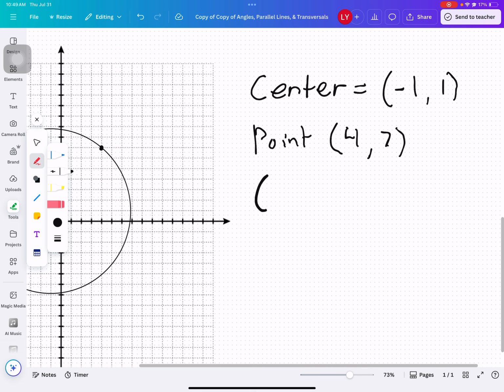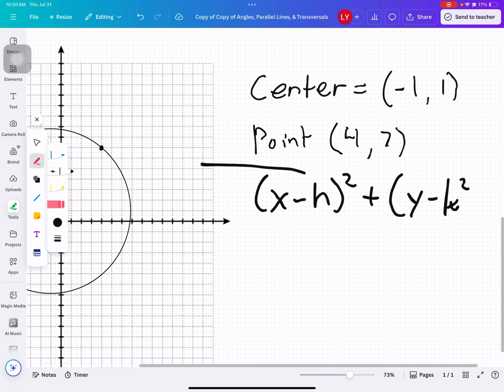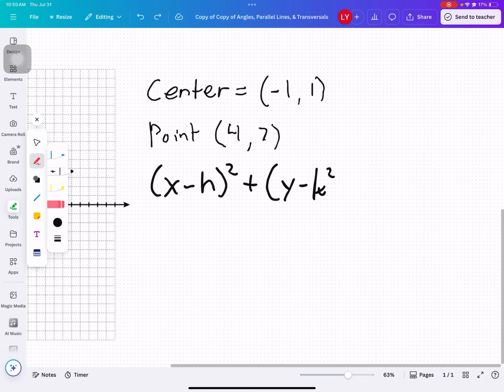There you go. X minus h squared plus y minus k squared, sorry, it's wrong. Y minus k squared equals r squared.